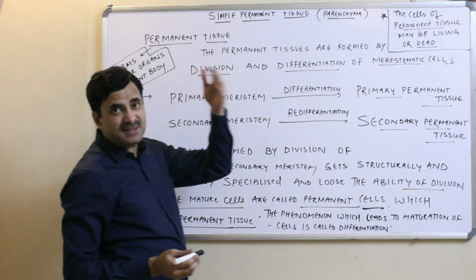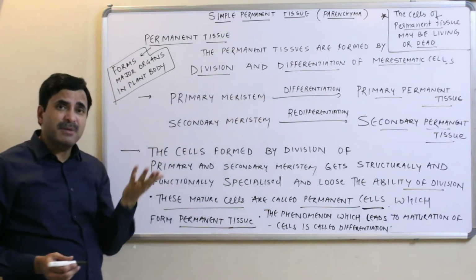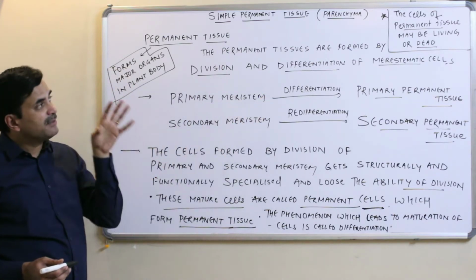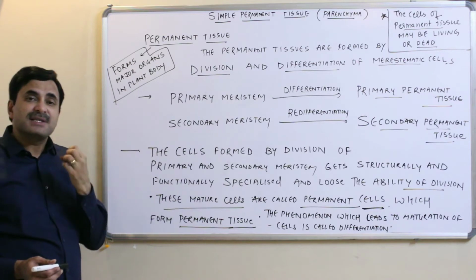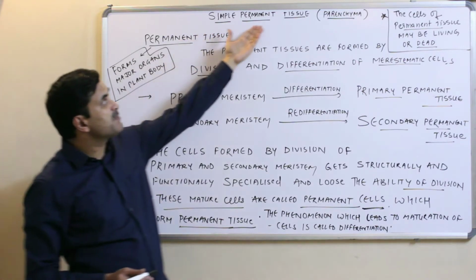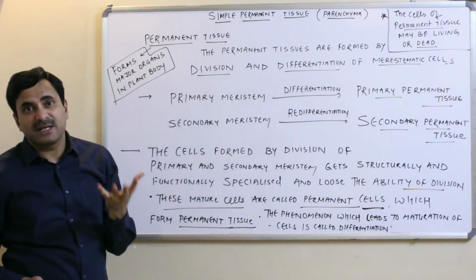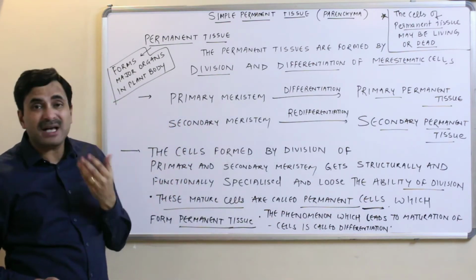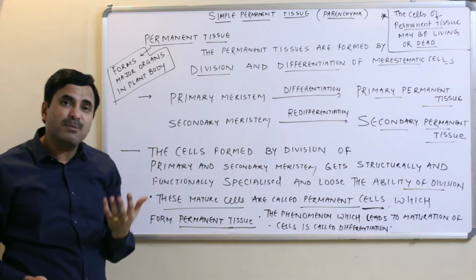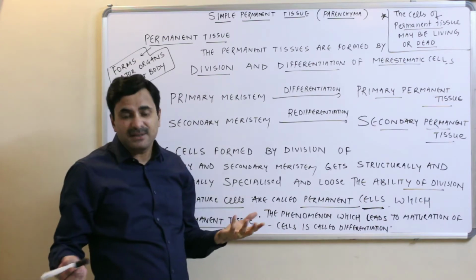When we discuss certain types of permanent tissue, we will tell you which is living and which is dead. Say, if I talk about the simplest permanent tissue, the parenchyma, it is a living tissue. Parenchyma are living cells. But if I talk about the sclerenchymatous cells, then they are dead.